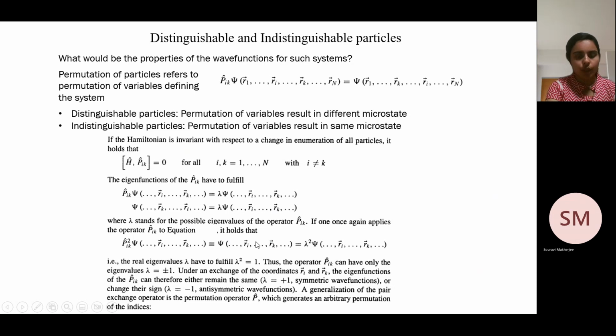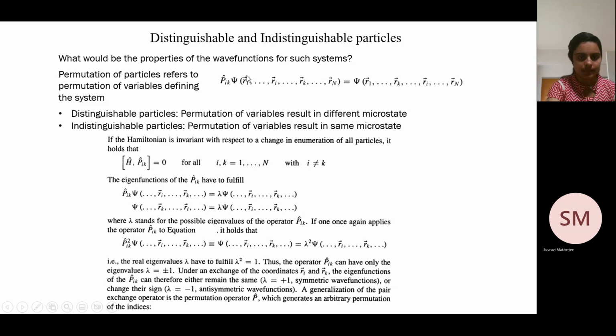What happens now if we operate this operator again? Suppose you have used Pik, which means you have interchanged the ith particle with the kth particle, and then you operate the same operator once again. You get back the same state because you are again interchanging the kth particle with the ith particle.